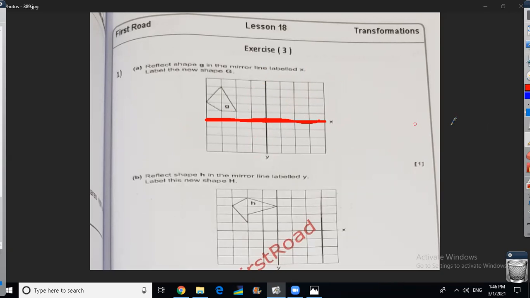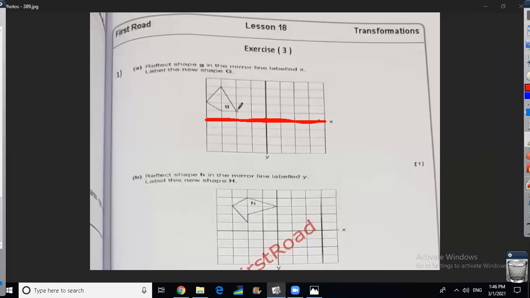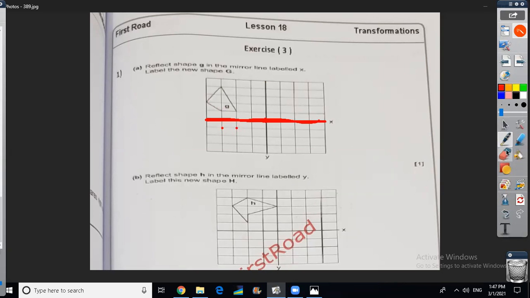All right, let's continue. Okay, I want to reflect this. 1 square, so I need 1 square down. It's gonna be here. 1 square, so I need 1 square down. It's gonna be here. I'm gonna erase the red line that I drew.